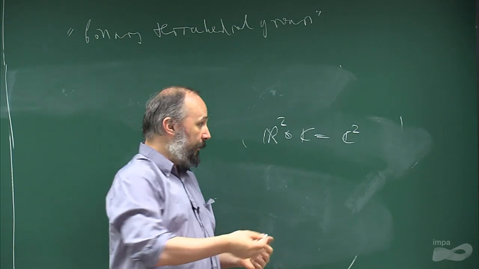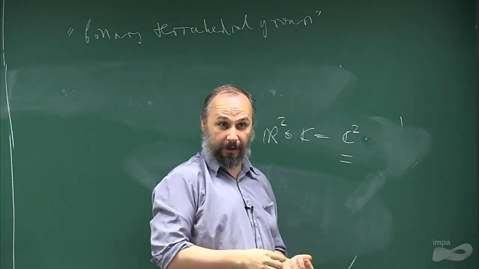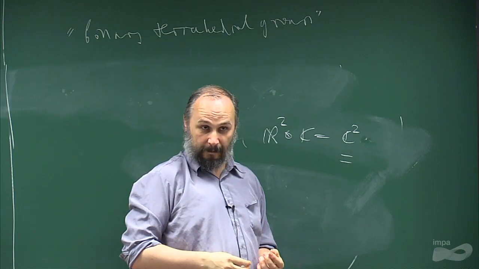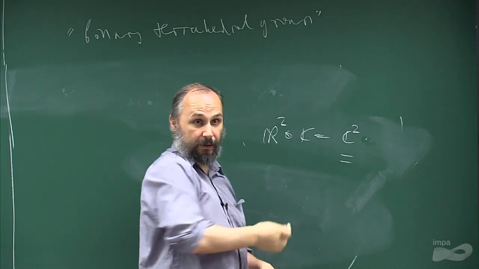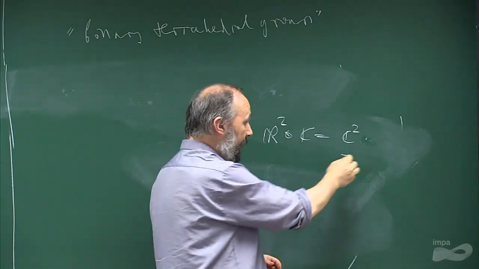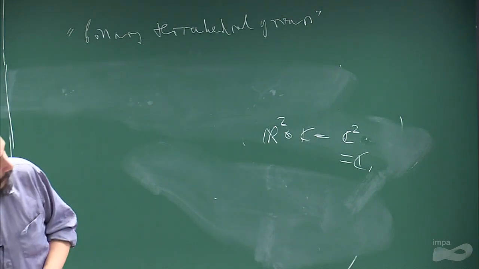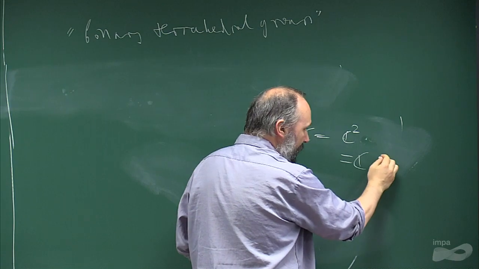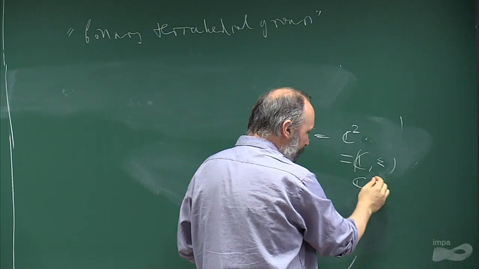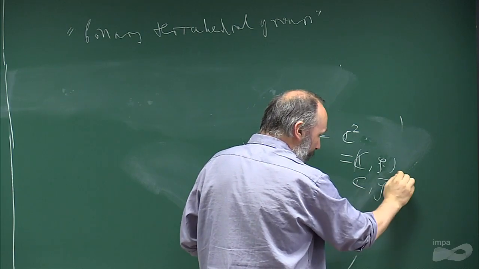It's a direct sum of two one-dimensional complex representations, which have to be complex conjugate because complex conjugation preserves R2. So it's like C with one action, and then you have C with zeta, and C with zeta bar.